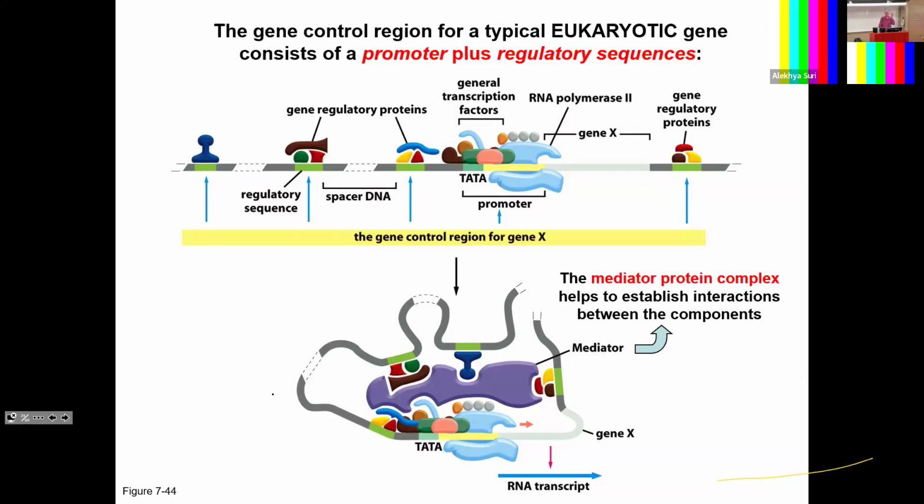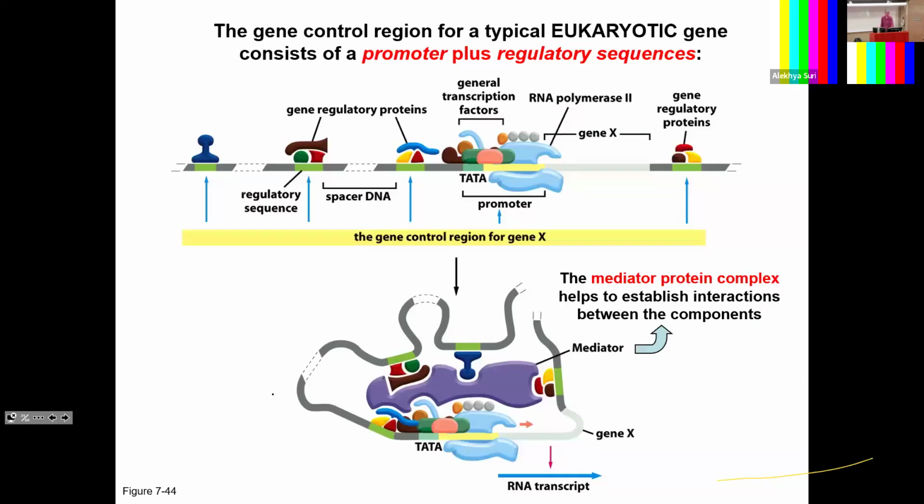What's important to know or to memorize is, since different transcription factors bind over such a long stretch of DNA, they have to come together in a focal point, and that's mediated by the mediator protein complex.